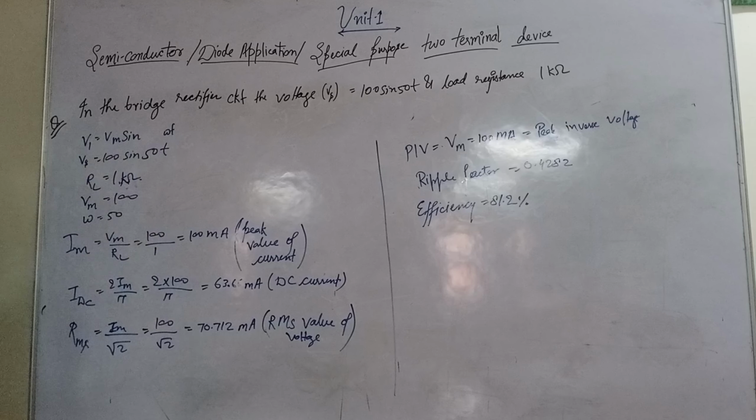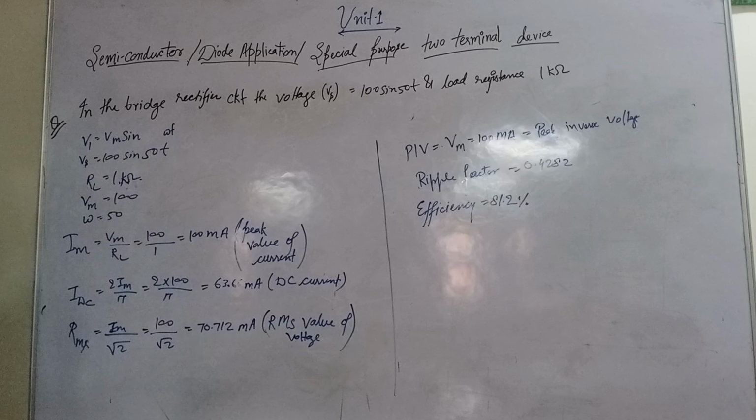Now we proceed to Im. Im is equal to Vm upon R load, which is 100 upon 1, equal to 100 milliampere. This is the peak value of current. IDC is equal to 2 Im upon pi, which is 2 into 100 upon pi, equal to 63.66 mA DC current. Now RMS is Im upon root 2, which is 100 upon root 2, equal to 70.71 mA RMS value.